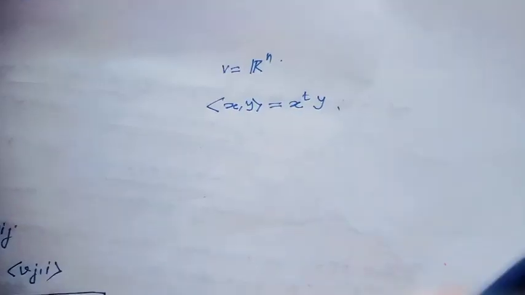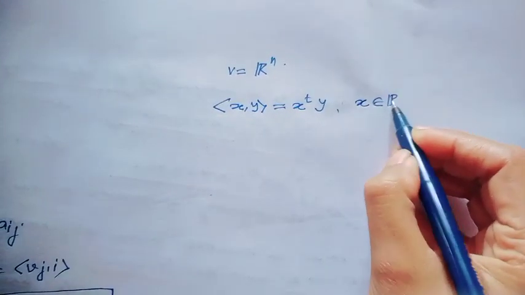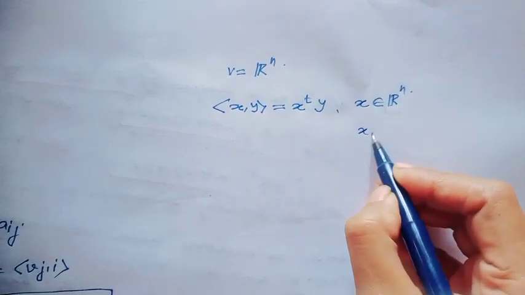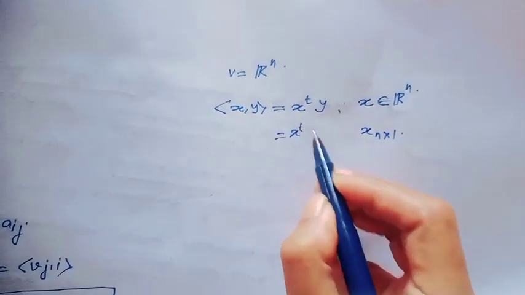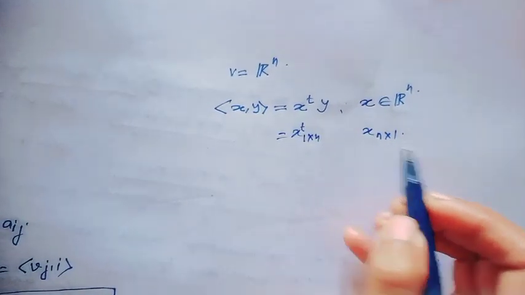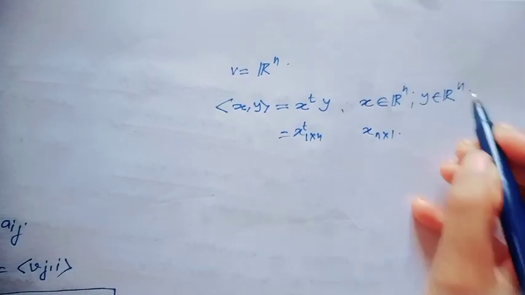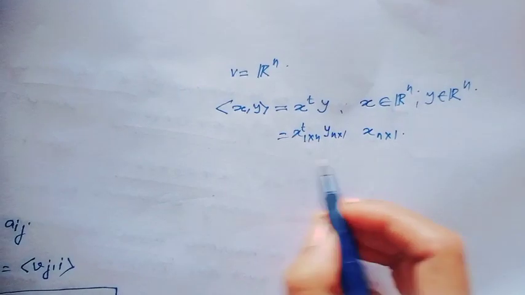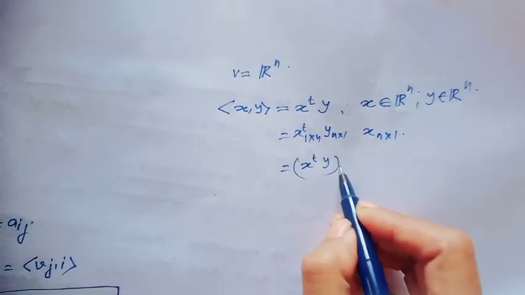Where x is a vector in Rn, x would be n × 1, then x transpose would be 1 × n, and similarly y is a vector of Rn, meaning n × 1, then x transpose y would be 1 × 1.